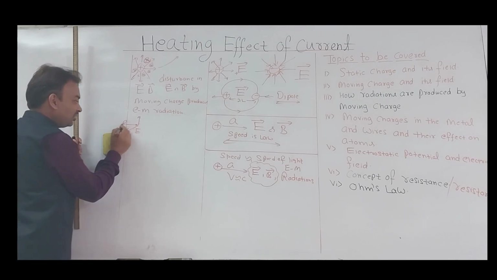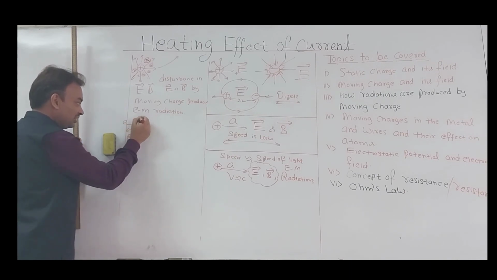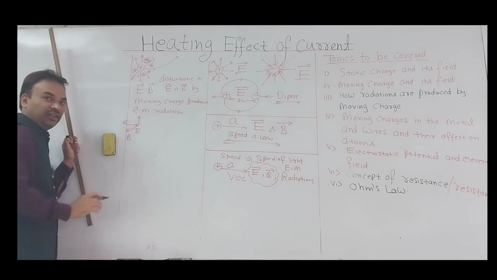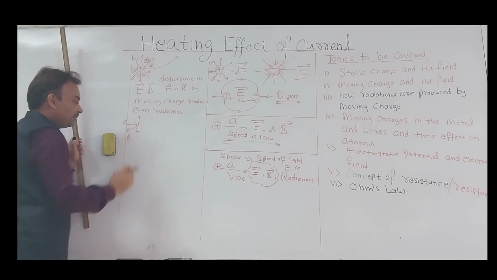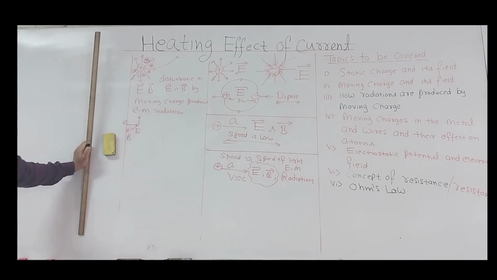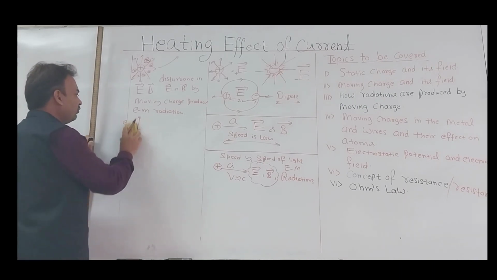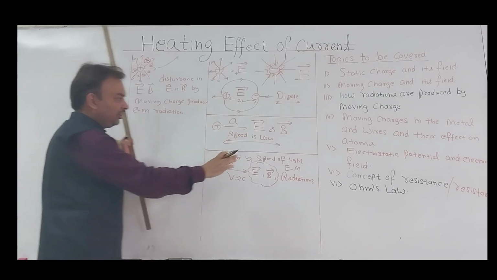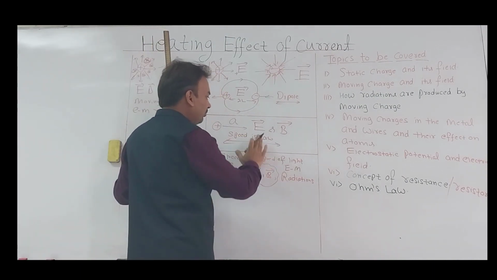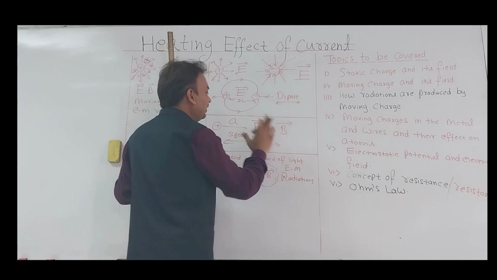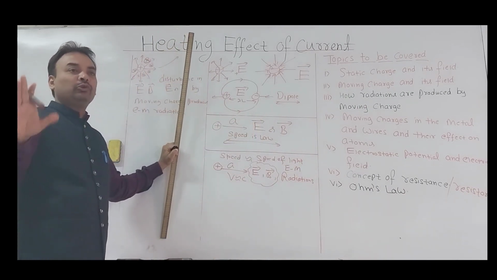You see that the charged particle is moving, right? And this is the electric field and this is the magnetic field. So automatically the direction of the electric and magnetic field is changed by the disturbance. So finally, in a nutshell, we can say that electromagnetic radiations are produced by the disturbance in electric and magnetic field due to the moving charge.